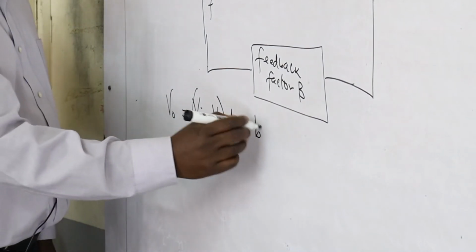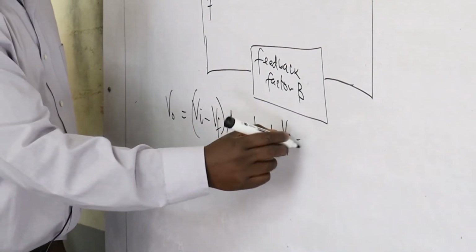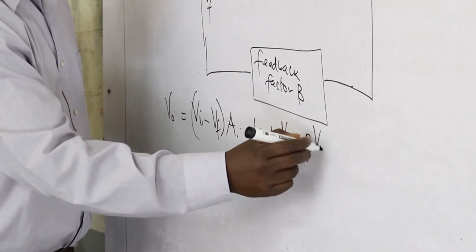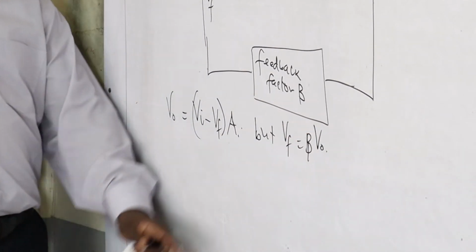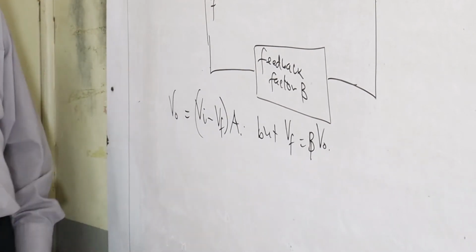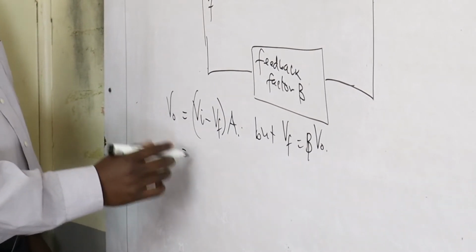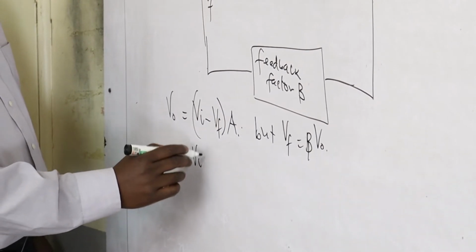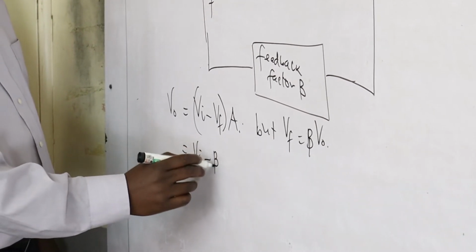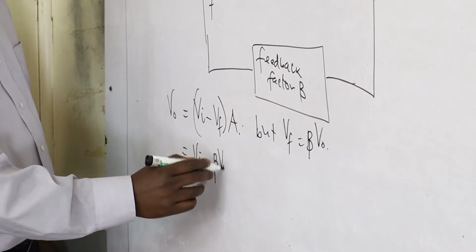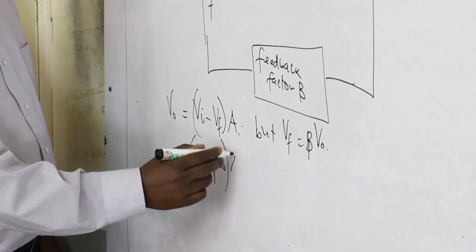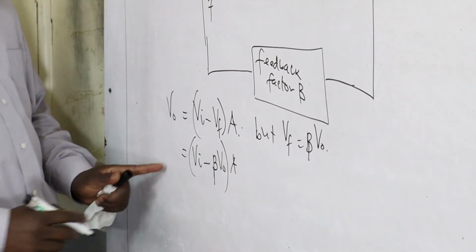But VF is supposed to be beta VO. Replacing this in this formula, we shall have VI minus beta VO multiplied by the gain, which is supposed to give us the output.